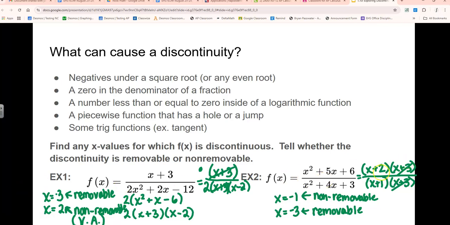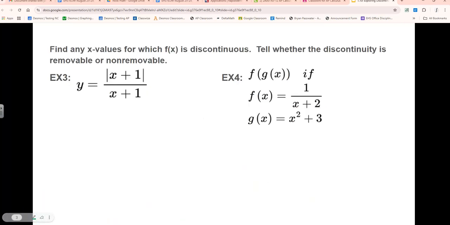The only reason you even have to factor the top is to see which ones will cancel, right? If they only asked for discontinuities and didn't care if it's a hole or a vertical asymptote, you wouldn't even have to factor the top. You guys remember doing this from pre-cal? Coming back, hopefully. All right, now let's look at a couple that you probably didn't have.